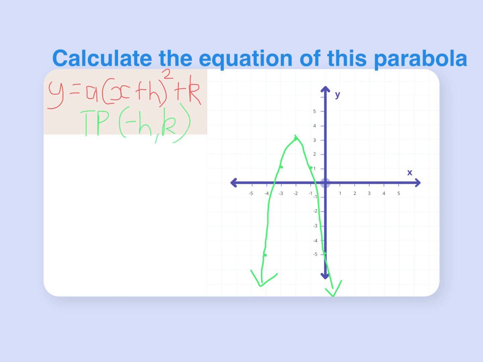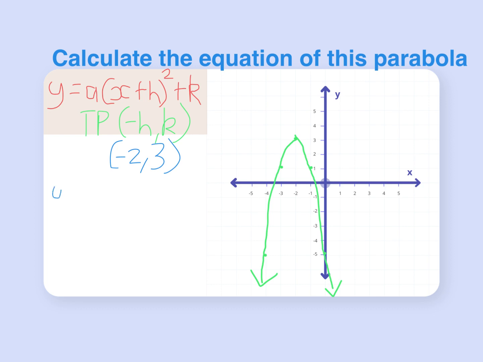So because of that, we can go to the turning point of this graph and we can find h and k very easily. The turning point of this graph, you can just read off as negative 2, 3. So what that means is k is going to be 3, but negative 2 is negative h. h is going to be positive 2, because remember, if you want to go 2 to the left, you need a positive 2 in there.